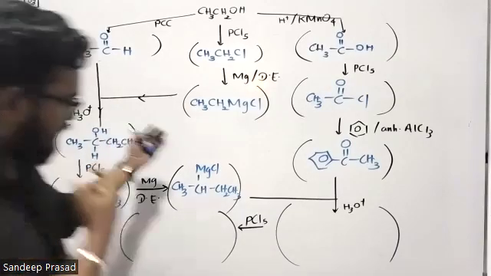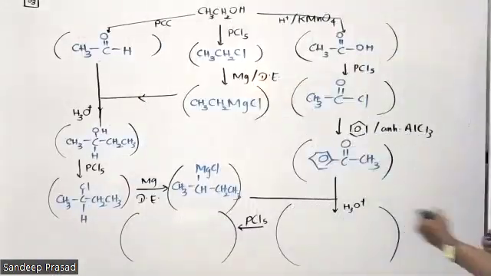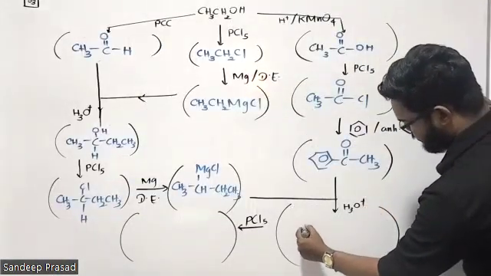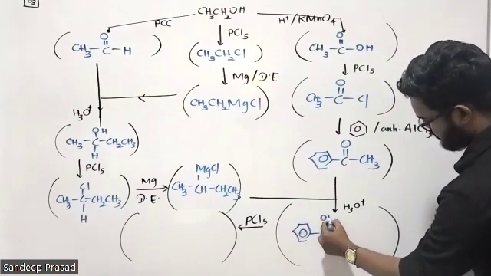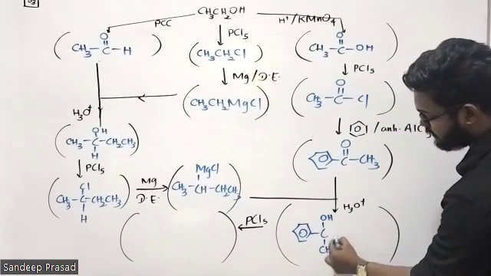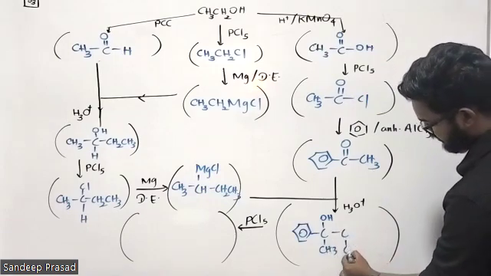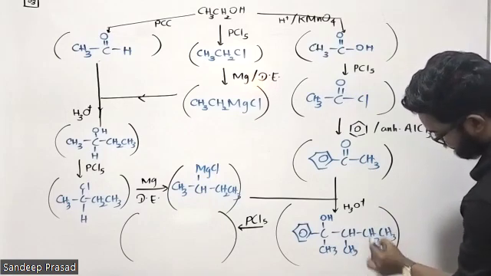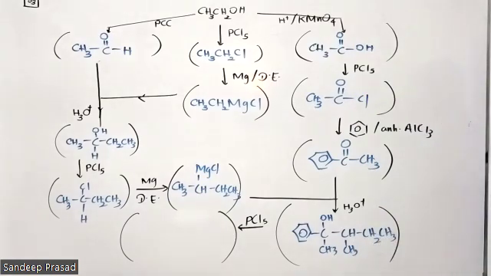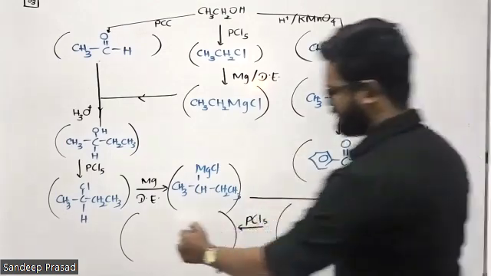Then again, Grignard reagent and ketone. So be careful when you are writing the products for this one. OH, CH3, CH3, H, CH2, CH3. Yeah. PCl5 is added.